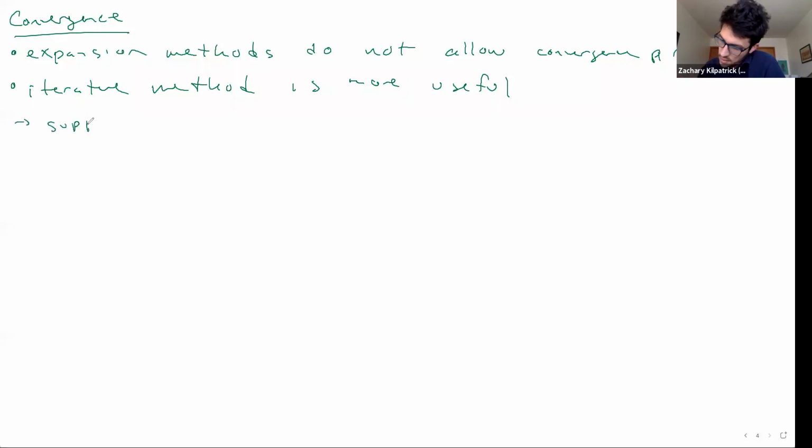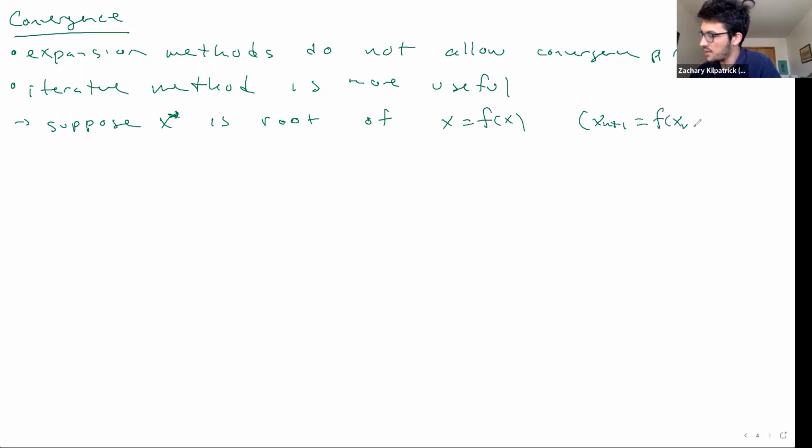So to get a sense of this, suppose that something I'll call x star is actually the root of x equals f of x. Common way that you could write a root finding problem. And then let's say that we define this map, x n plus 1 equals f of x n, as we've done before.